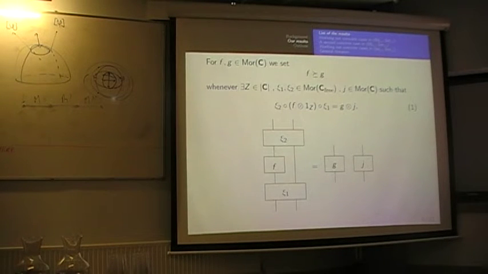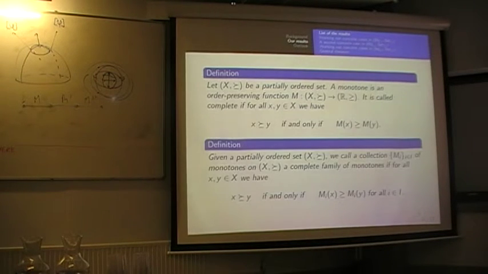And the monoid structure is given by the tensor. So what we worked out in the paper are these complete families of monotones, which basically reflect the order back.